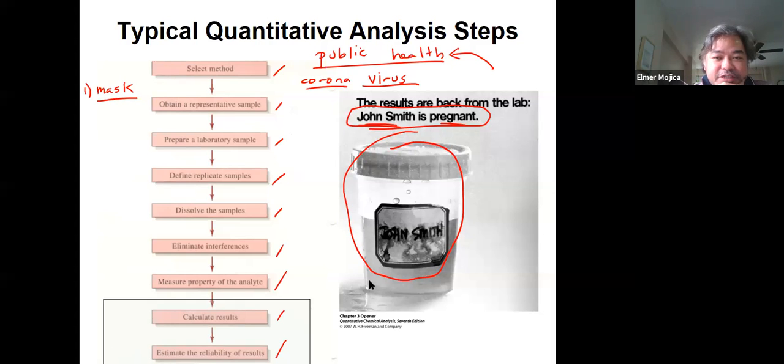Okay, they were able to show some experiment that if you use mask, okay, you prevent the virus from spreading, because one way the virus that caused this COVID-19 is what? They can only be transmitted from man to man or from person to person. And one way that they transmit is the spread of this virus by sneezing, by talking, by singing. Okay?